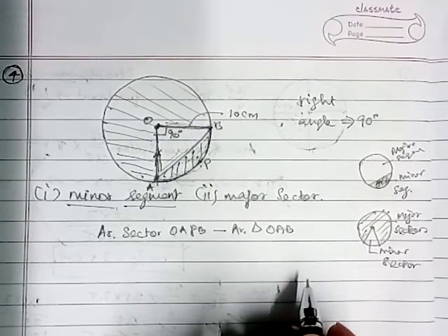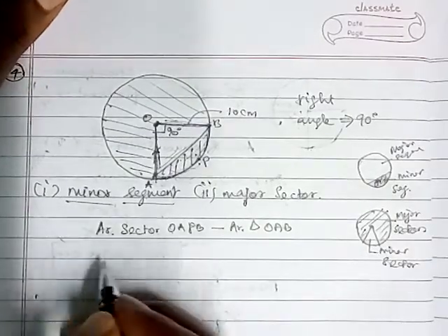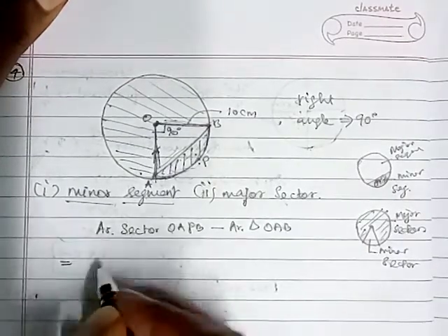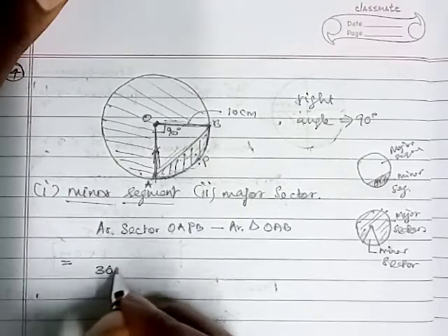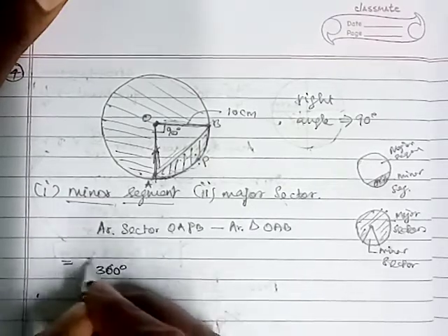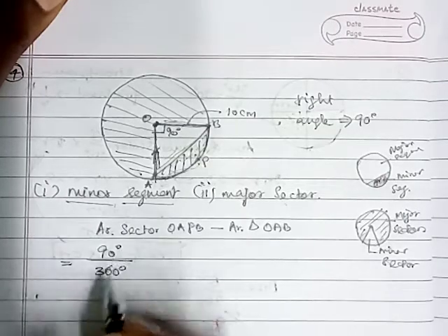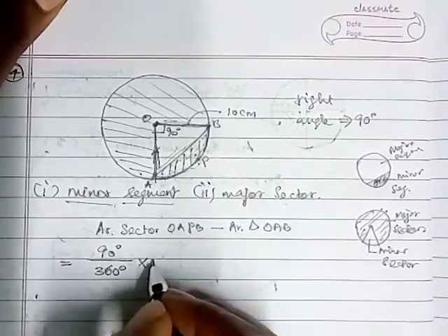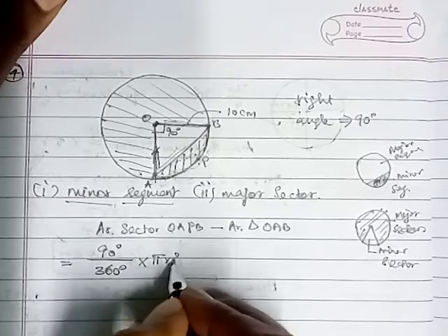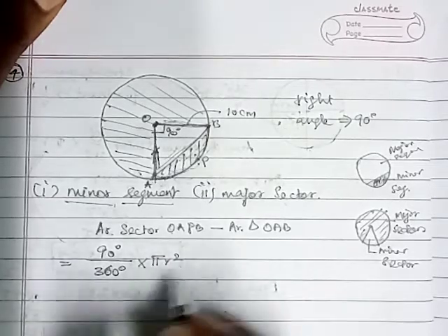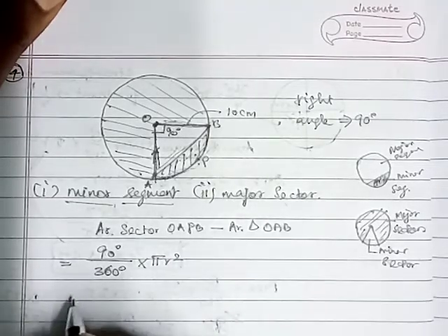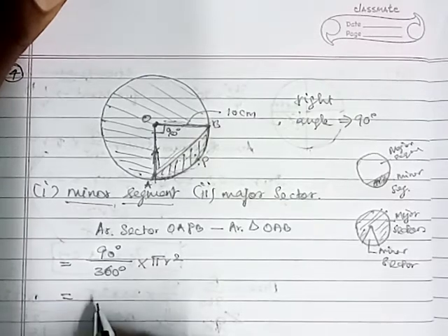ஓகே, ஃபஸ்ட் வந்து இந்த ஏரியா ஆஃப் செக்டார் என்ன வரும் நமக்கு தெரியும், 360 டிகிரி டோட்டலாக. அதில் இது எவ்வளோ இருக்குது? 90 டிகிரி, ரைட், இன்ட்டு பை ஆர் ஸ்கொயர்ட். ஃபஸ்ட்டு இதை கண்டுபிடிச்சிடலாம்.